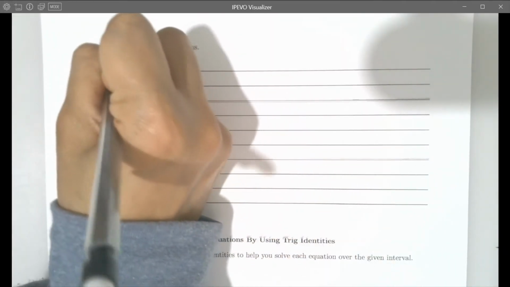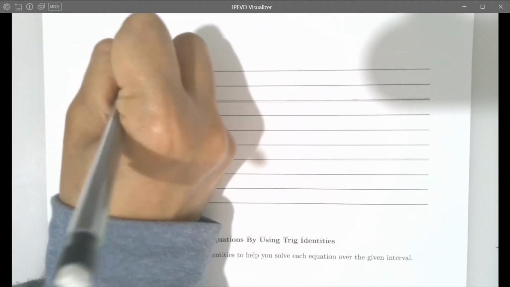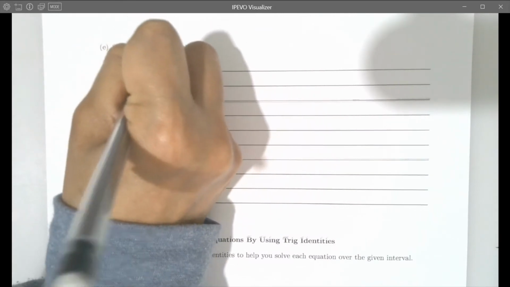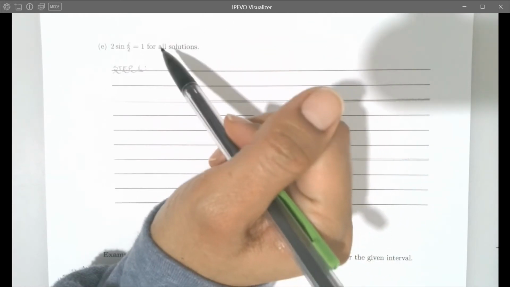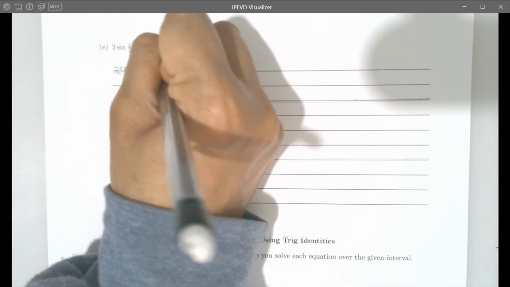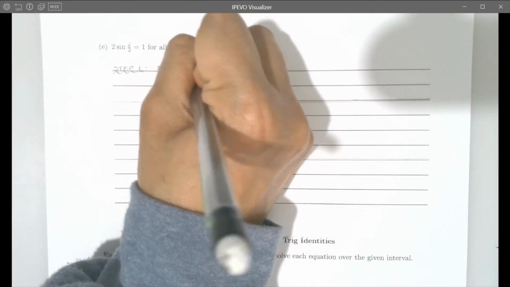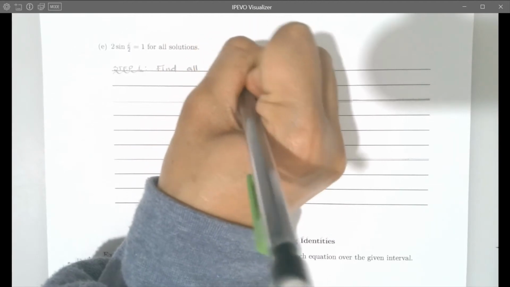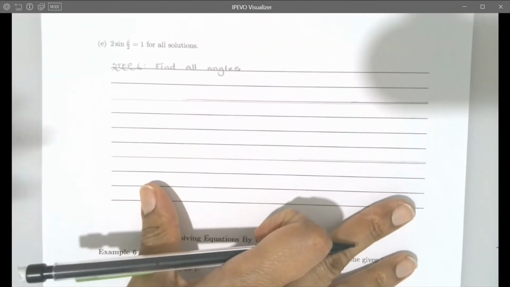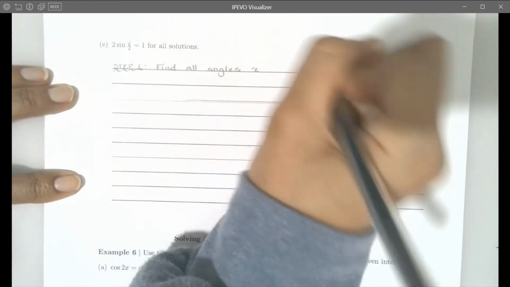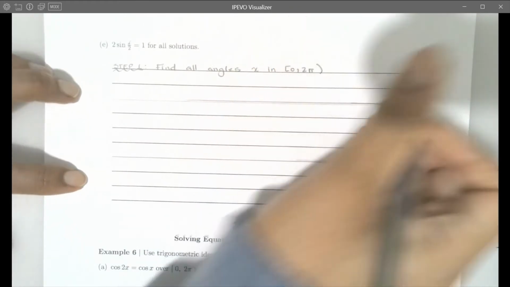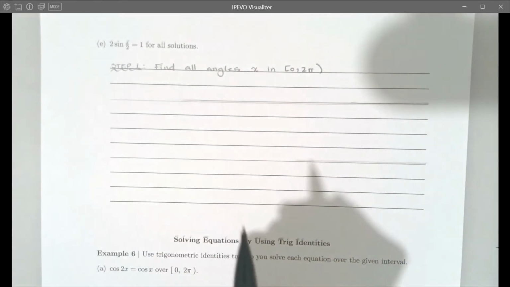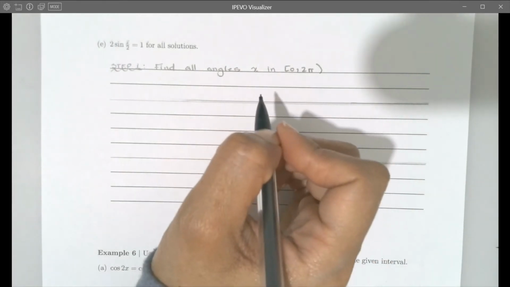So what I'm going to do is break it down into 2 parts. The first step is to find all of the angles in the range of 0 to 2 pi that satisfy the equation. Okay, so notice what that means.